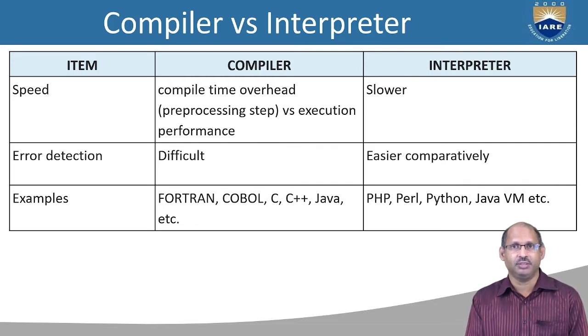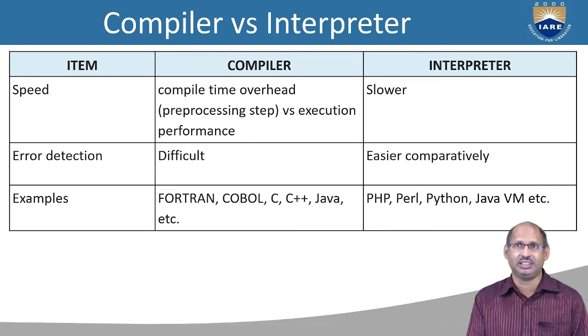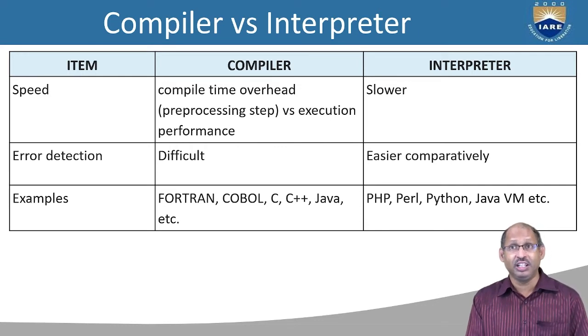The interpreter executes the program line by line, but a compiler converts once and the code might be optimized, so the execution will be faster and more efficient.